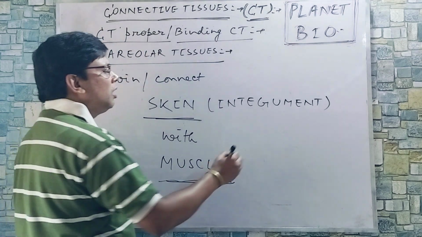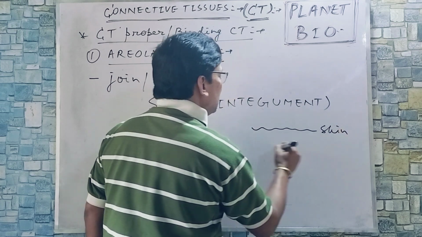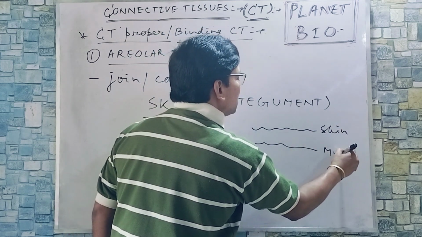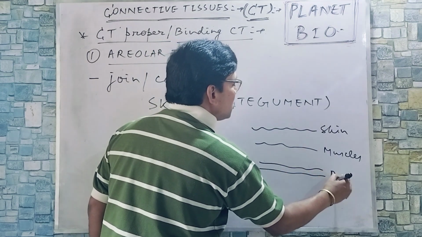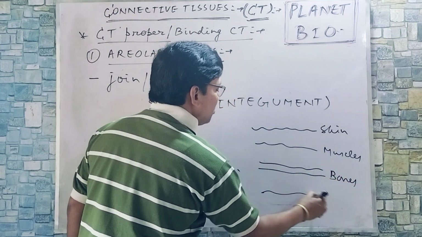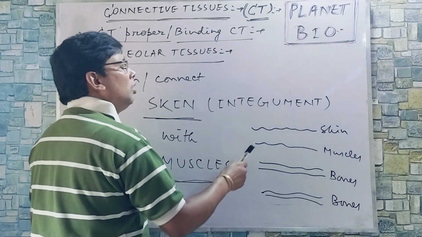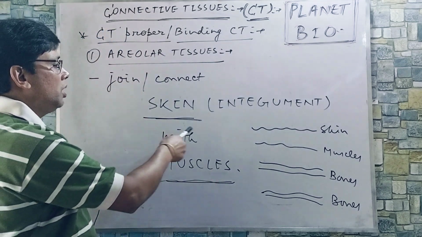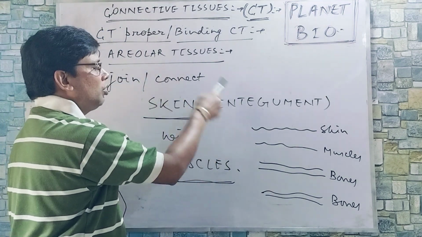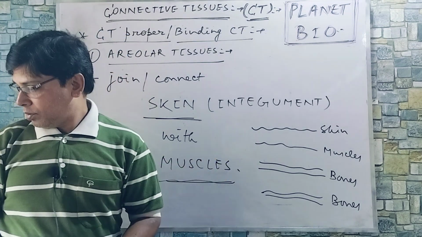You can see that our body has several layers. Skin, then muscles, then bones. Skin and muscles are joined with areolar tissues. Here you can find areolar tissues.